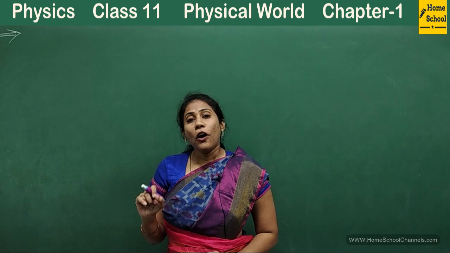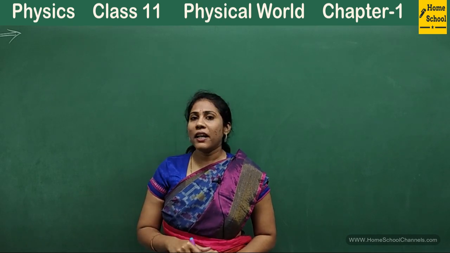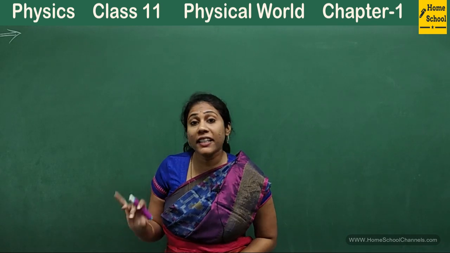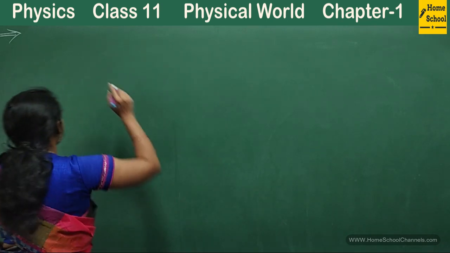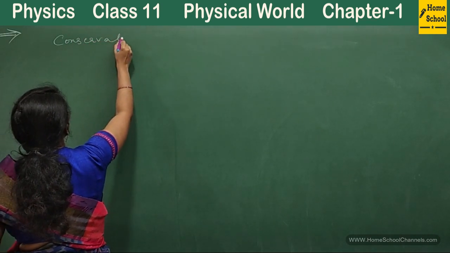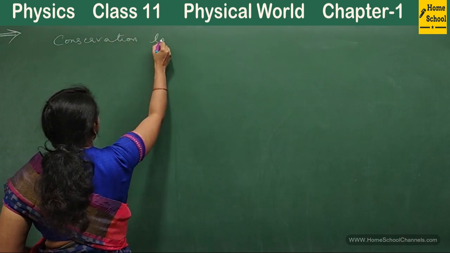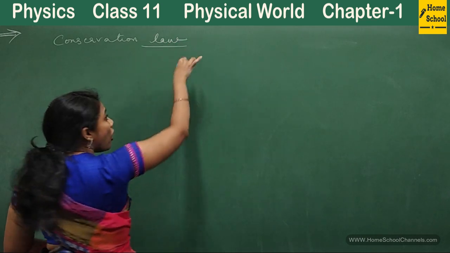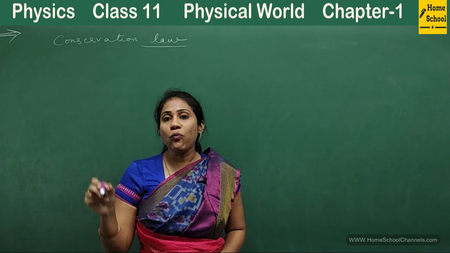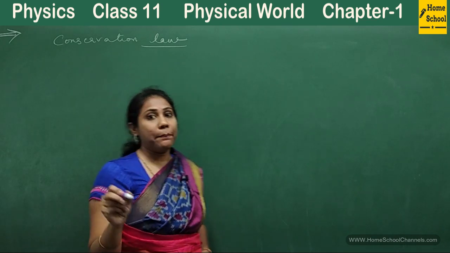See guys, all natural phenomena that happen in our nature must follow certain conservation laws. Okay, so let us discuss conservation laws. They are called basic laws or natural laws. Say for example, you have water falling from a tap, right?